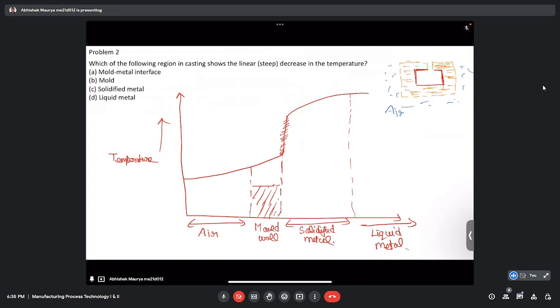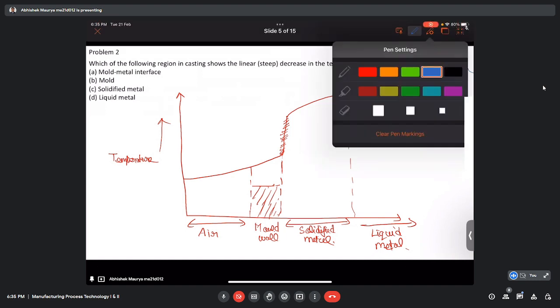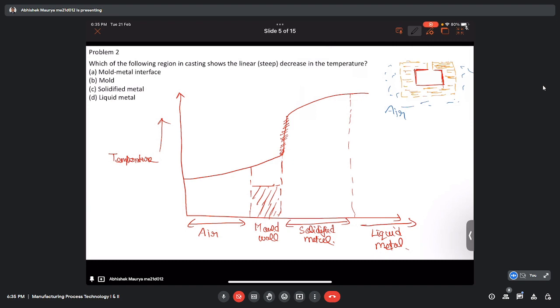So whatever we have plotted is the temperature profile from the center of the mold to here. If you remember, when we pour the liquid metal inside the mold, it gets filled inside the mold, and the solidification process starts.